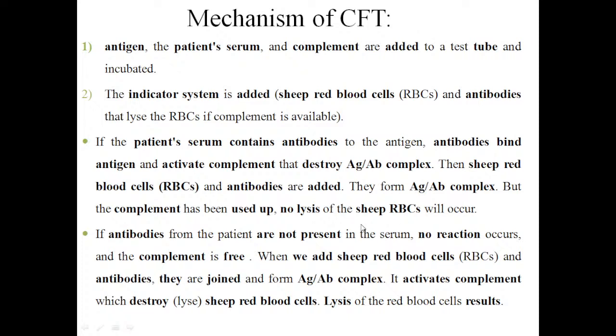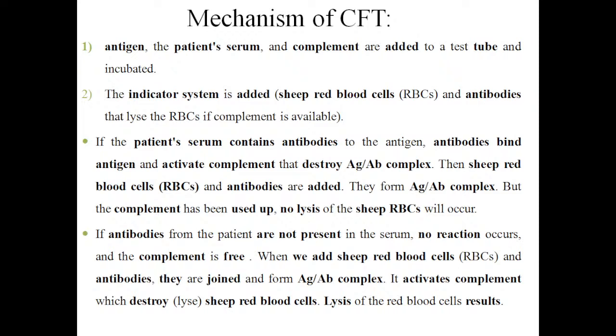No lysis of sheep red blood cells occurs if primarily the human patient serum contained antibodies against antigen. In another variant, if antibodies are not present in the patient's serum, no reaction occurs and the complement is free.